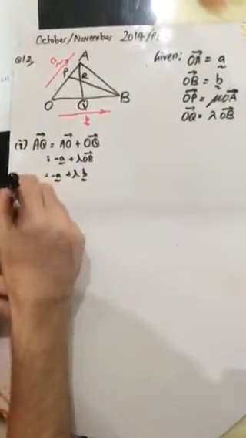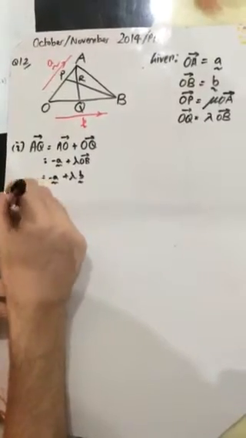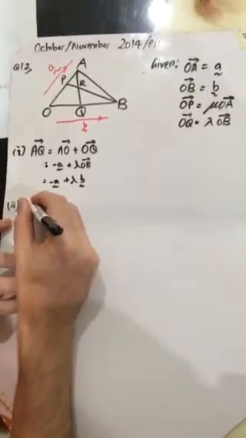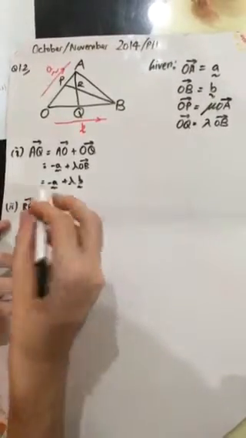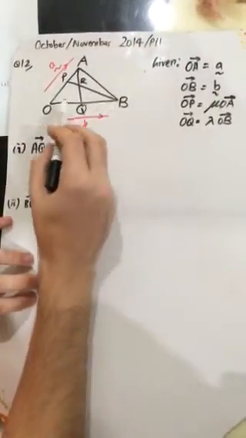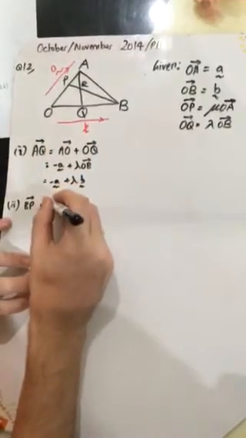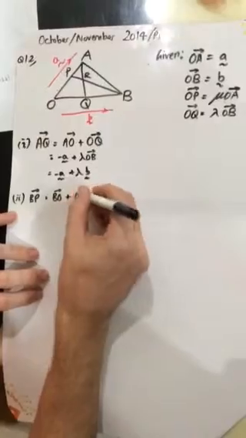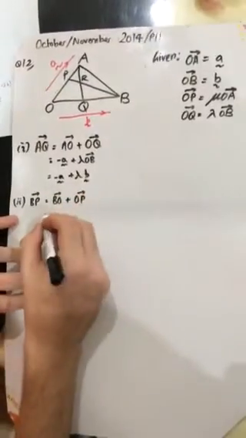Now part 2 asks us to find the vector BP. So that's very similar. We're going through the origin again, so we've got BO plus OP.